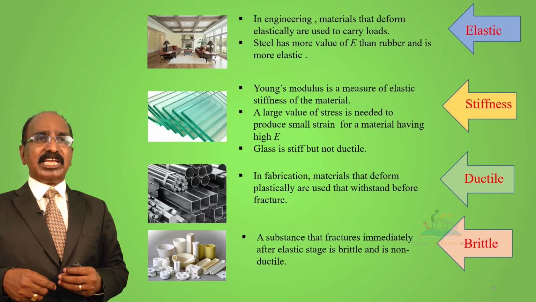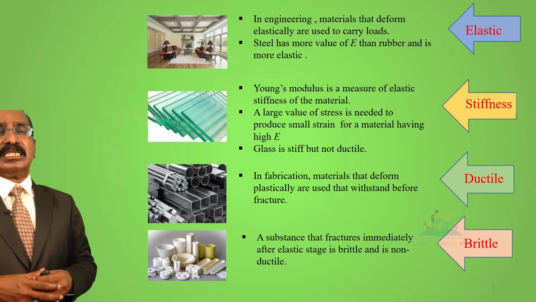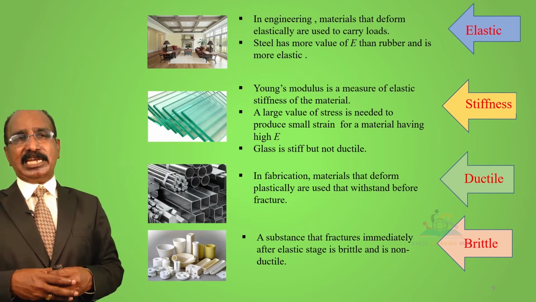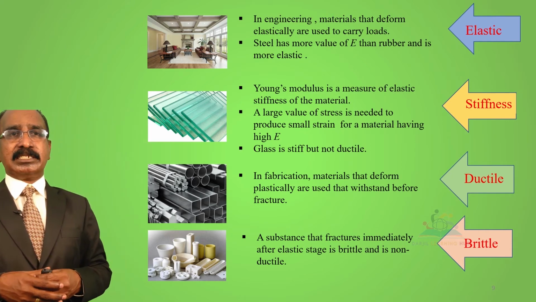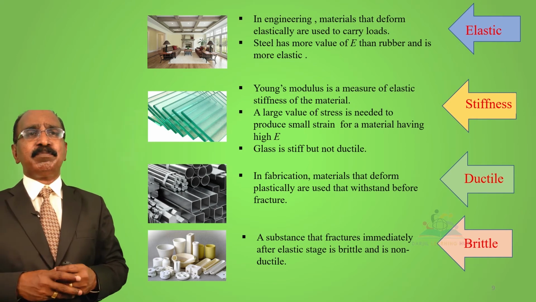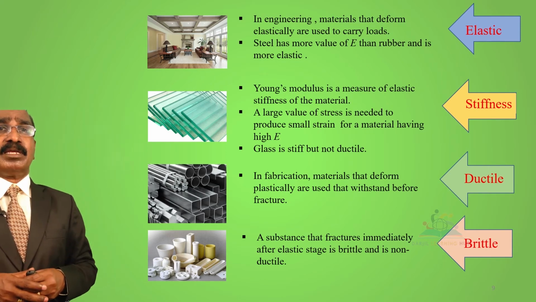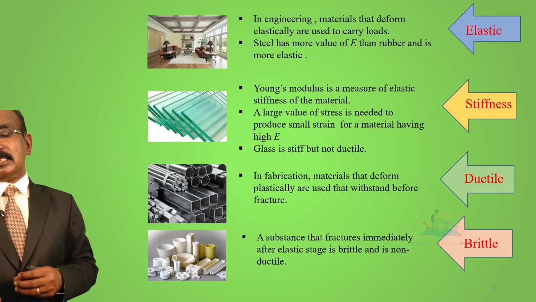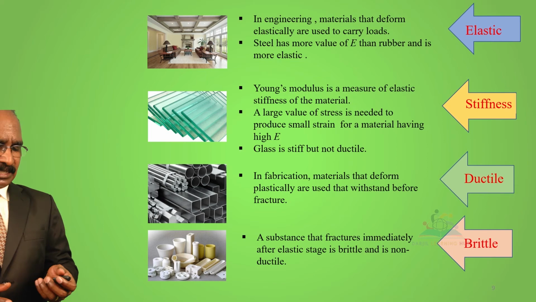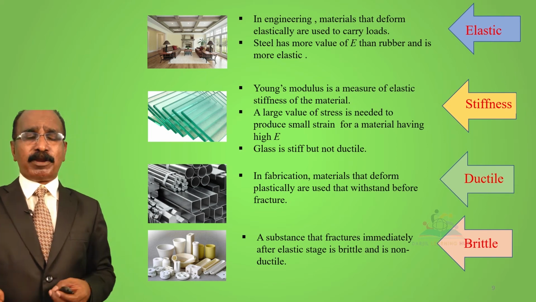So in fabrication we use materials that deform plastically, and these are called ductile materials. A substance that fractures immediately after the elastic stage is called a brittle material. They won't be ductile, for example ceramics and glass. So these are some of the examples of material properties.